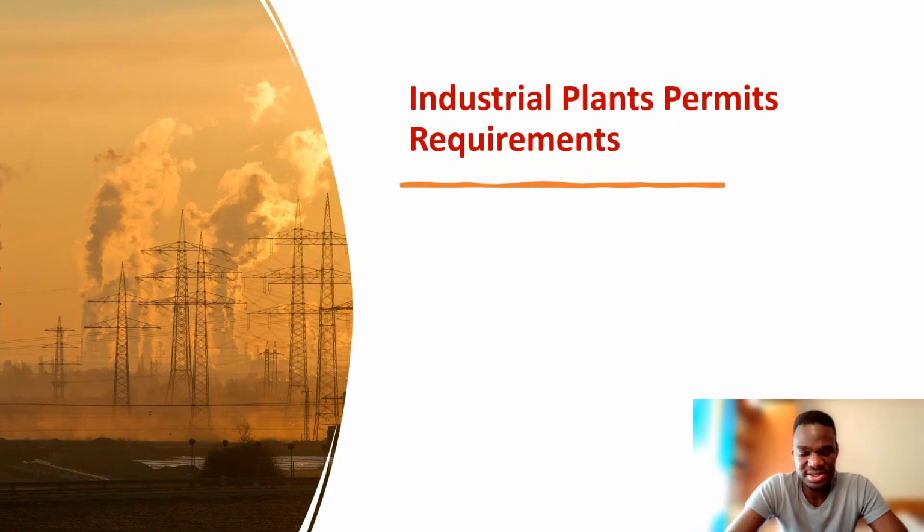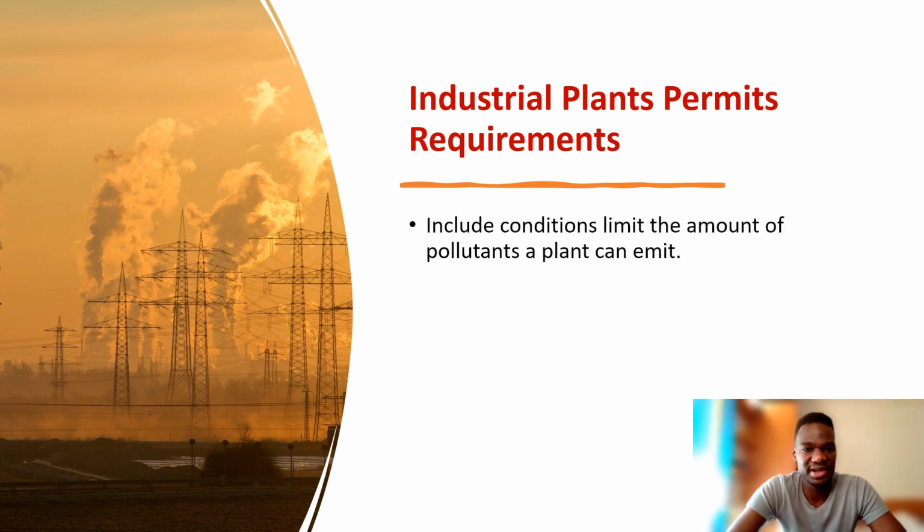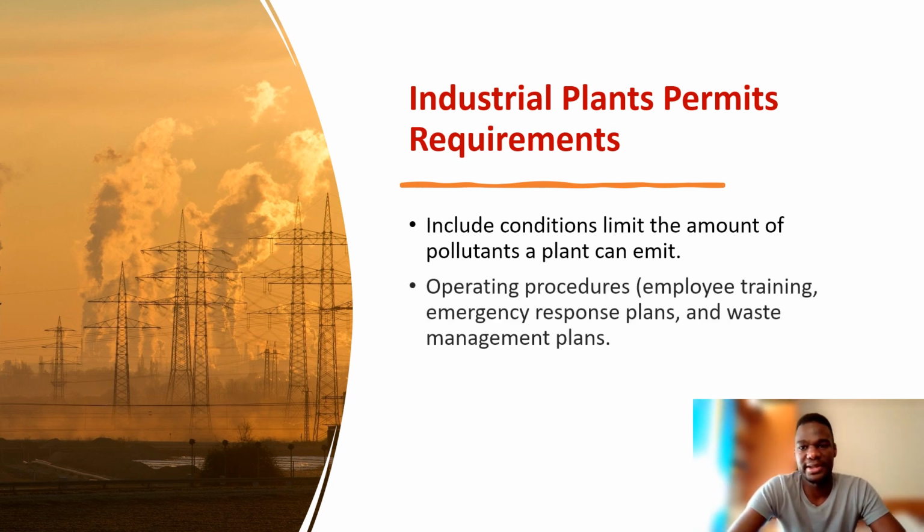So let's take a look at the industrial plant permit requirements. Industrial plant permits typically include conditions that limit the amount of pollutants a plant can emit, as well as requirements for monitoring and reporting of emissions. In addition, permits may include requirements for operating procedures such as employee training, emergency response plans, and waste management plans.